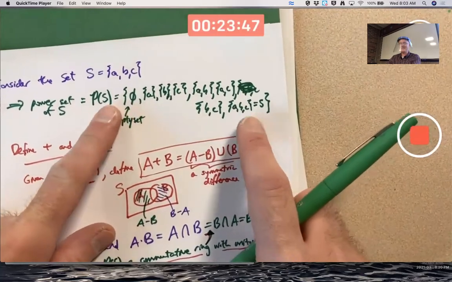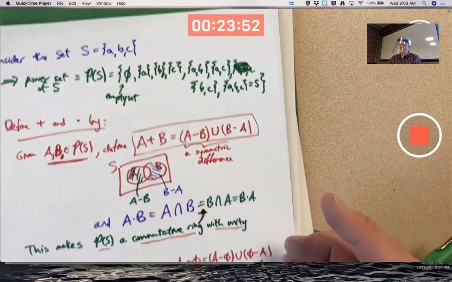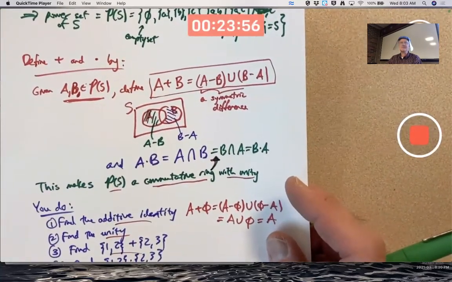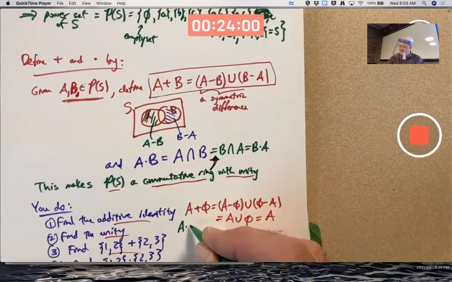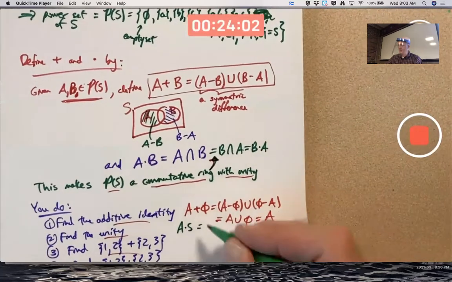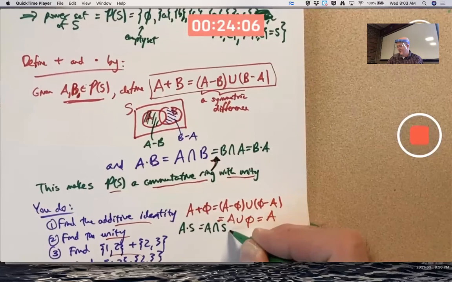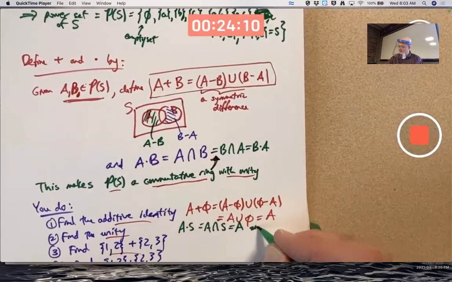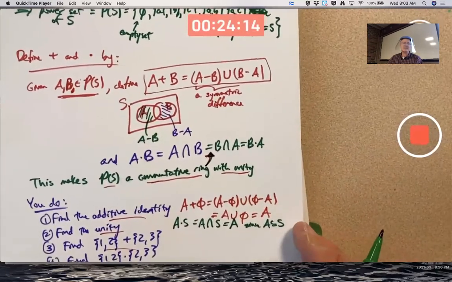So I hope that inspired you to guess either empty set or S. Which one is it? S, yeah. A times S, according to this definition of multiplication, is A intersect S, but A is a subset of S, and therefore the intersection of A with S is A. Since A is a subset of S, for any A in this power set.